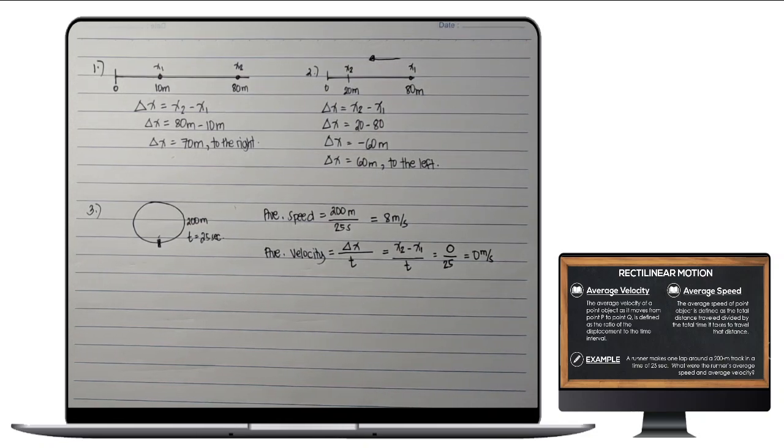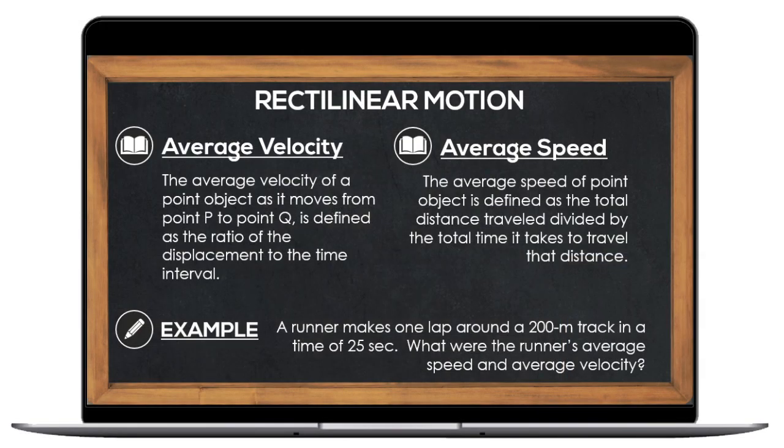Whereas when we talk about the speed, we are talking about the total distance traveled. So the distance and the displacement sets apart the velocity and speed. Okay, one is a vector quantity and the other is a scalar quantity. Okay, so let's proceed.